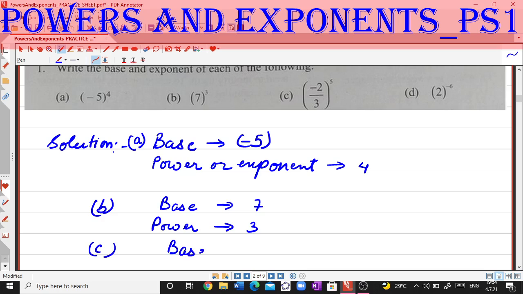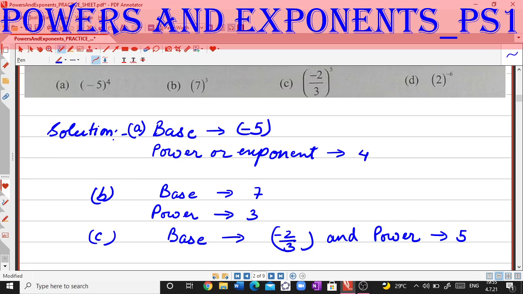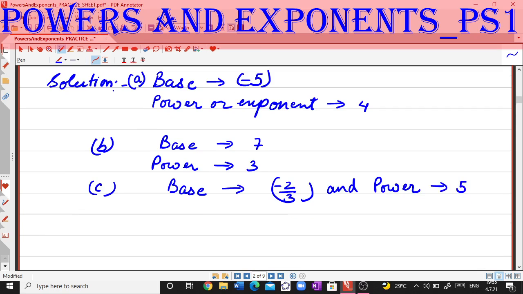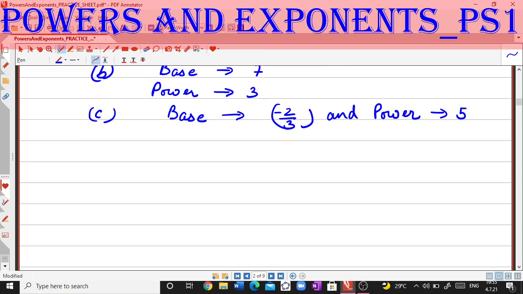Here the base is minus 2 by 3 and the power here is 5. This means that we have to multiply minus 2 upon 3 to itself 5 times. Okay. So this is all about the first question.